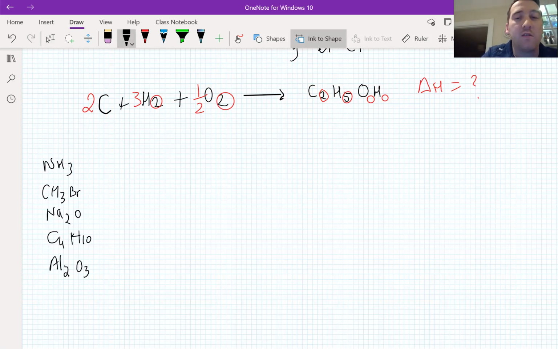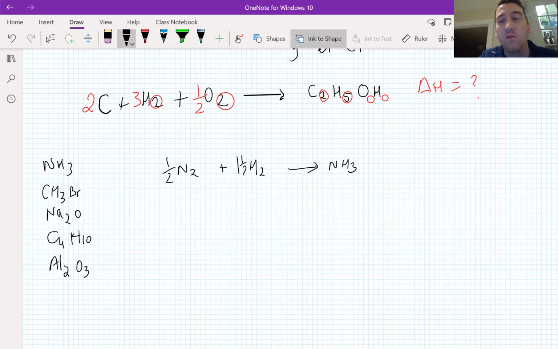This is what you should have. For NH3, ammonia, we should have NH3 as the product. We're forming it. And the elements it's formed from are N2 plus H2, nitrogen and hydrogen. To balance it, we need to do a half N2 and we need to do 1.5 H2.